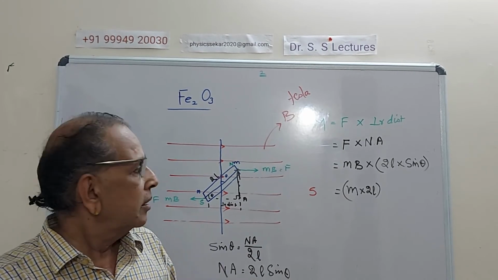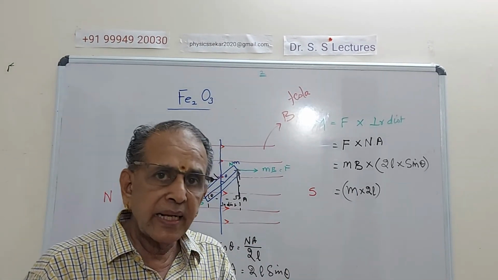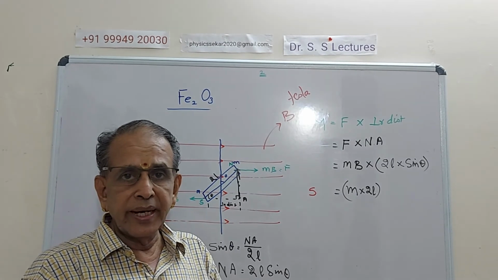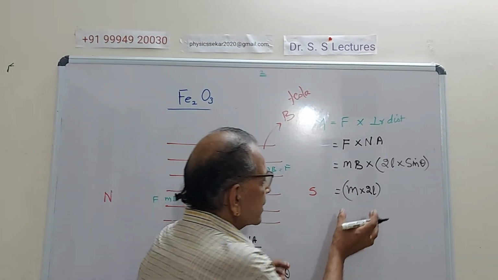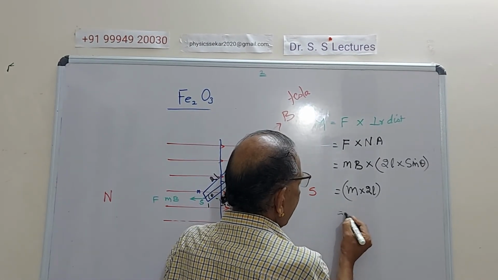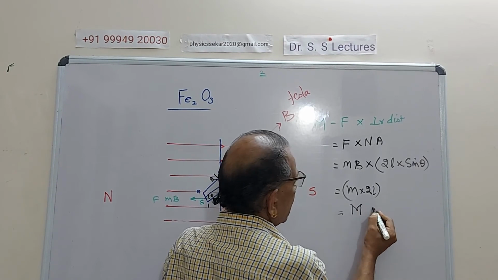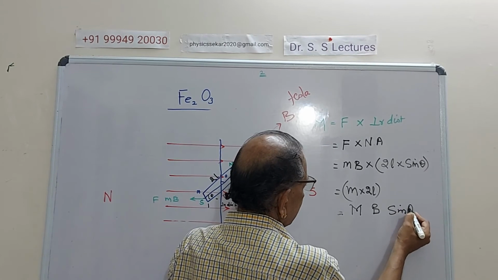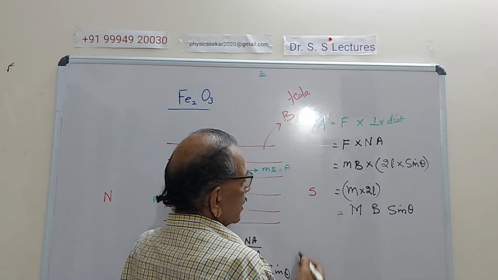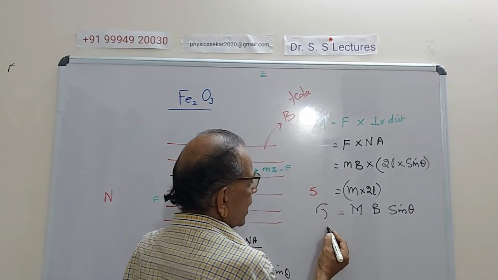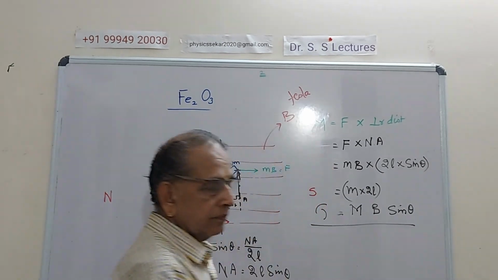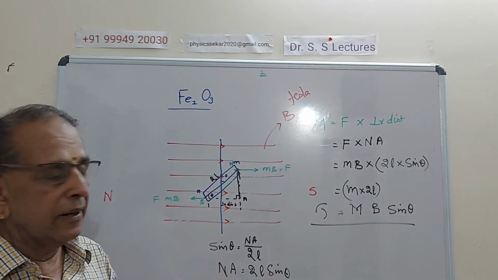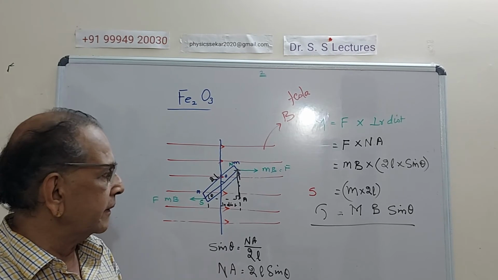This 2L, the length of the magnet, is also not undergoing any change. Therefore, this itself we call as capital M. Then we say B, then we say theta, sine theta. This particular thing we call as the torque, the rotating couple acting in the magnet.